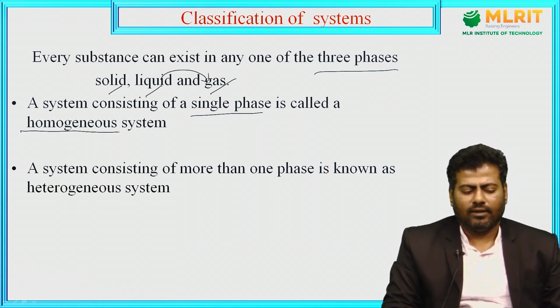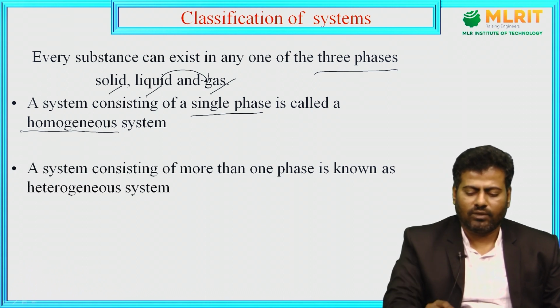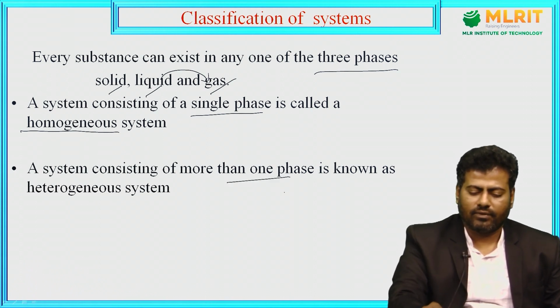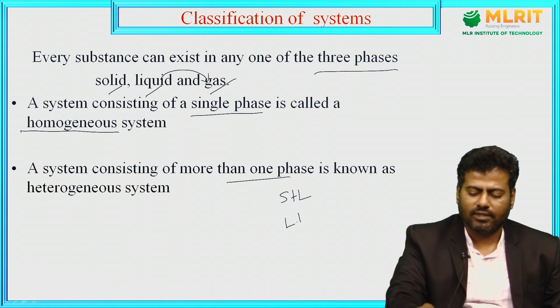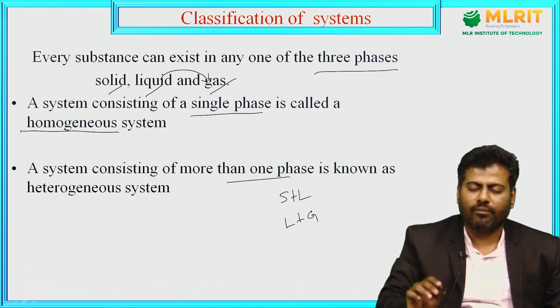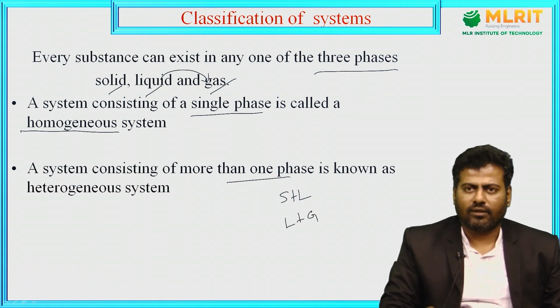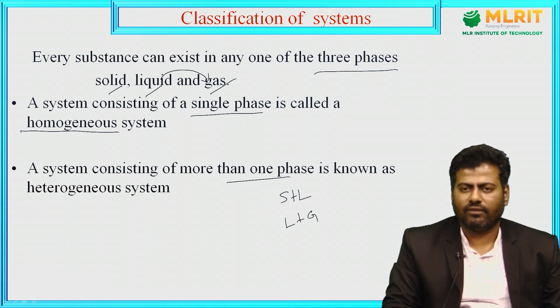Then a system consisting of more than one phase is known as a heterogeneous system. What is more than one phase? The combination of solid plus liquid, where S is solid and L is liquid, or liquid plus gas or vapor, whatever it may be. I said boiler. The boiler we can consider as liquid plus gas.